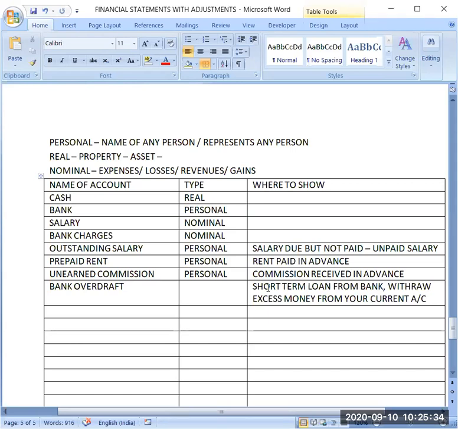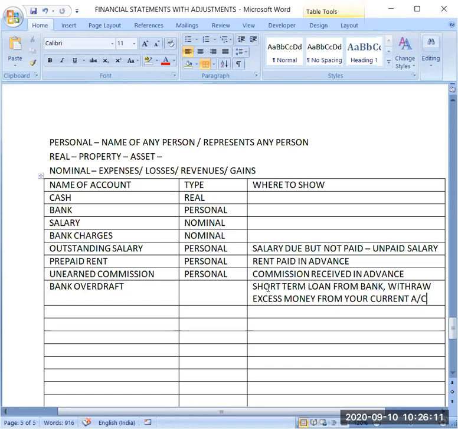So is it your asset? If you have taken short-term loan from bank, is it your asset? Yes, please respond. It cannot be your asset because you have taken loan. It is your liability.